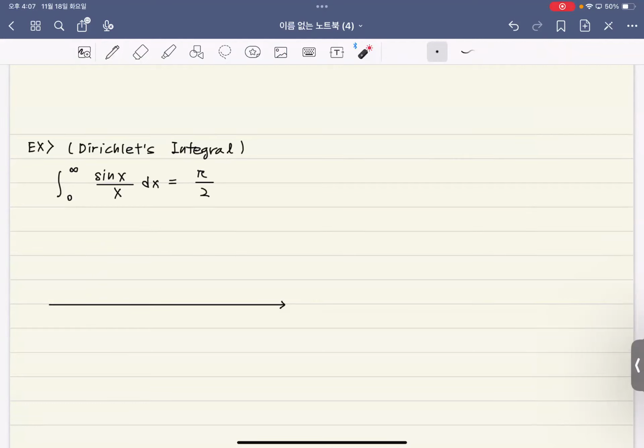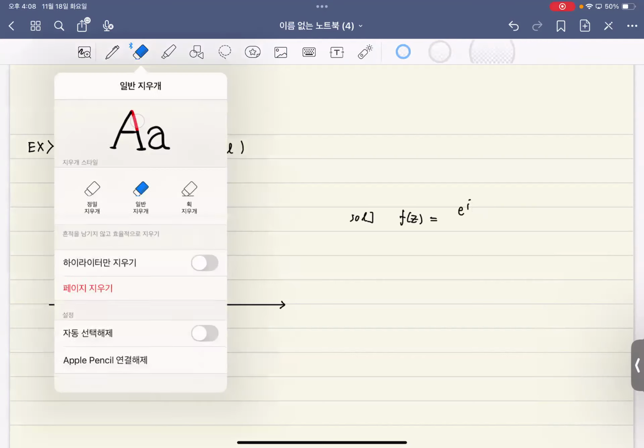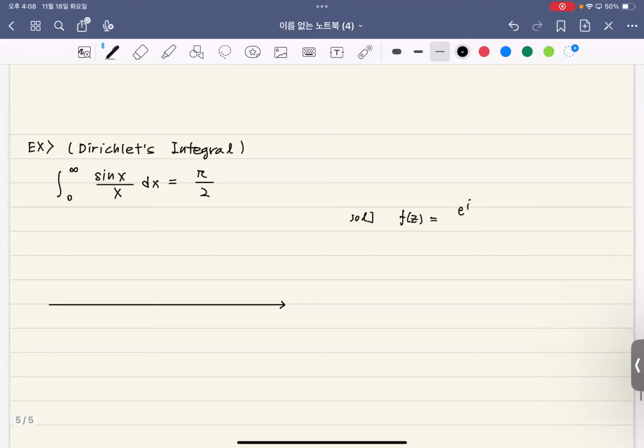Now we want to consider this function, exponential divided by z.